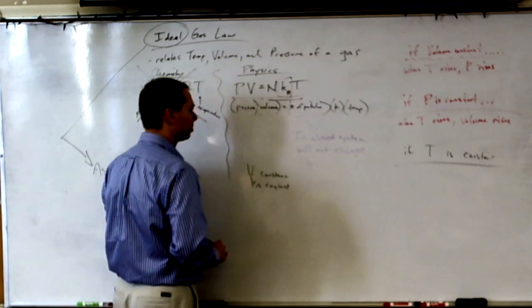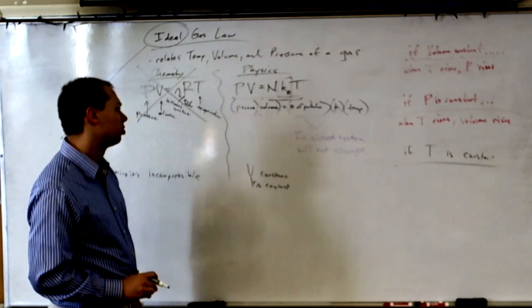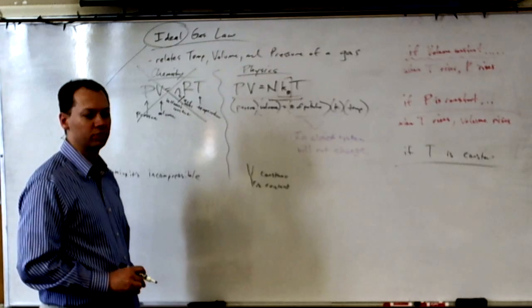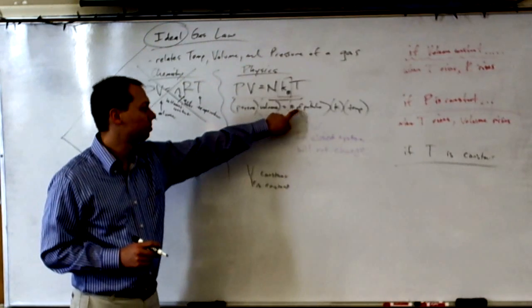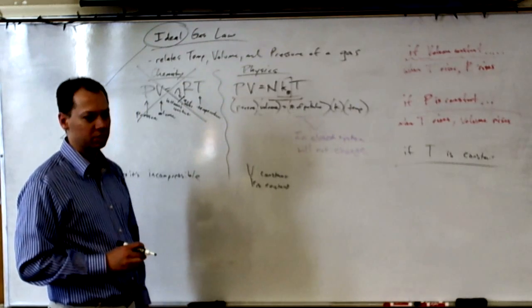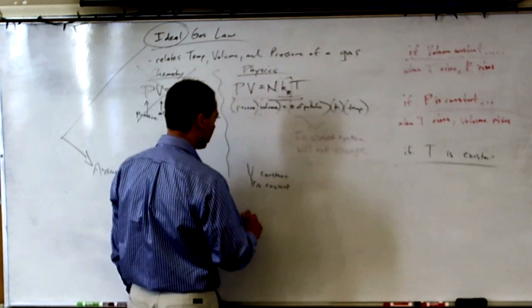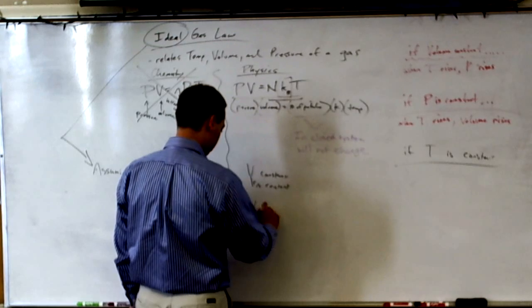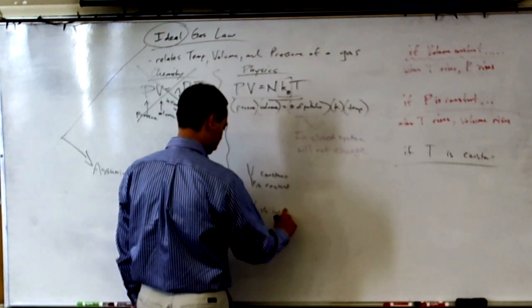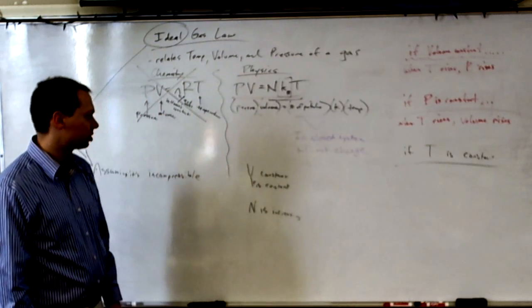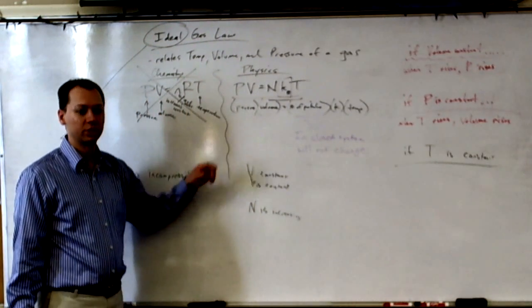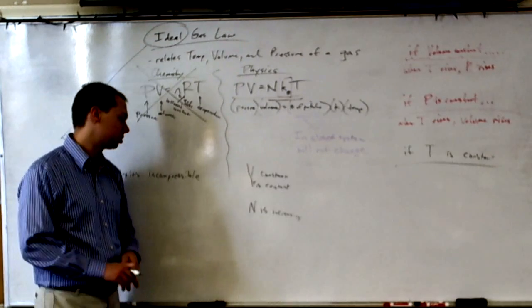But real quick here. When you compress air, what are you doing? You're putting more air in the same space, right? More air means more particles, so you're increasing N. Because you're increasing N, what else is increasing? P, pressure.